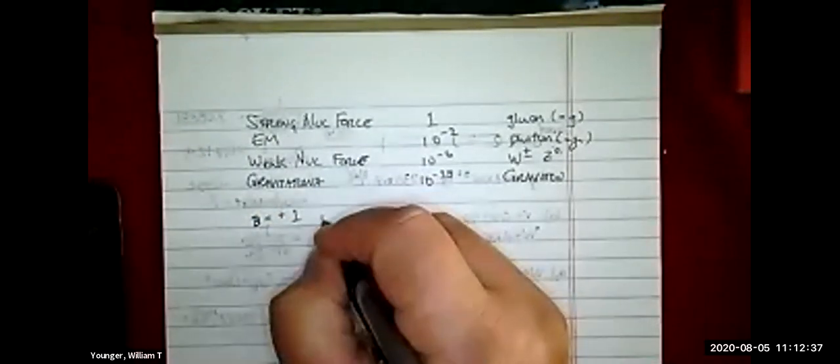But an antineutron or an antiproton, which you just indicate with a bar over it, has a baryon number equal to -1. And then all other types of particles, such as photons, mesons, electrons, leptons, and all those things have B = 0.